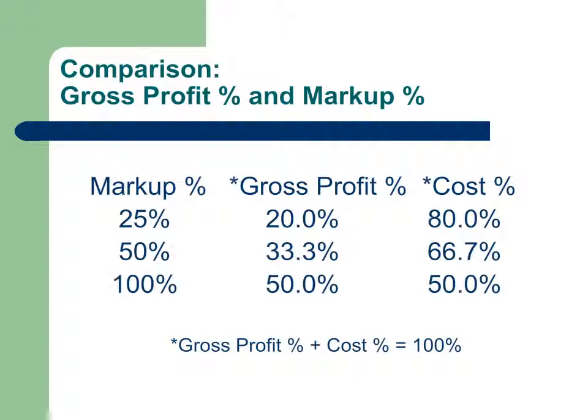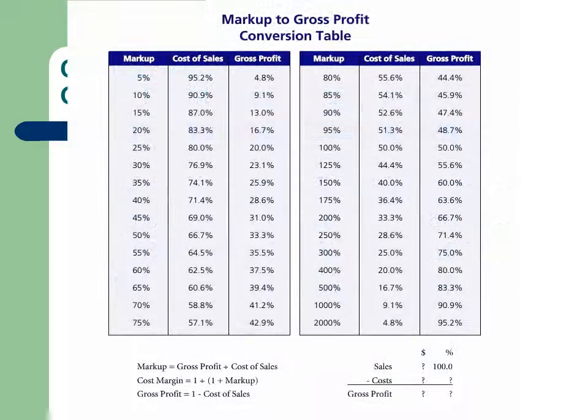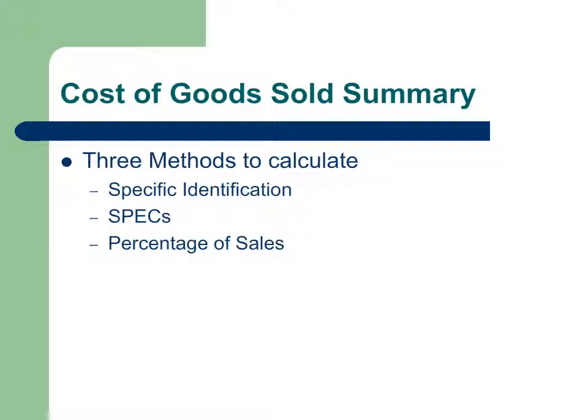And finally, a markup of 100% always equals a gross profit margin of 50% and a cost of sales of 50%, and so on and so on. These gross profit percentages and gross profit relationships are best seen by reviewing the markup to gross profit conversion table in your manual.